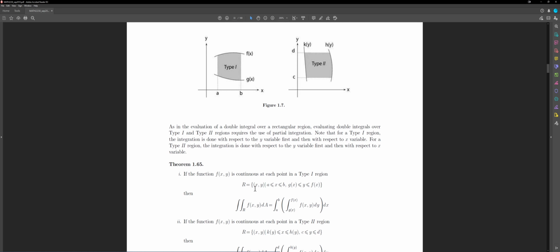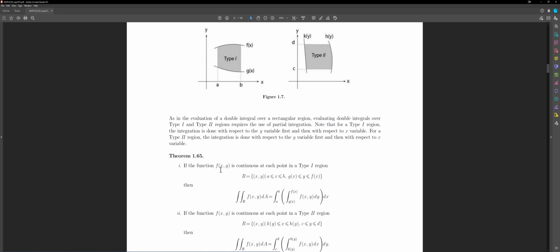If you are going to do a double integral over a type 1 region, then for the inside integral with respect to y, your y limits of integration would be a top limit f of x and a bottom limit g of x over here. Then you do this inside integral, and once you work this out, you integrate your result with respect to x.